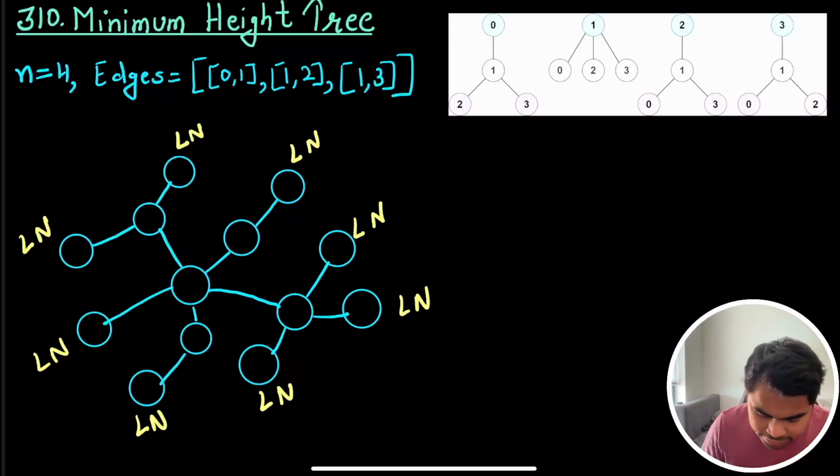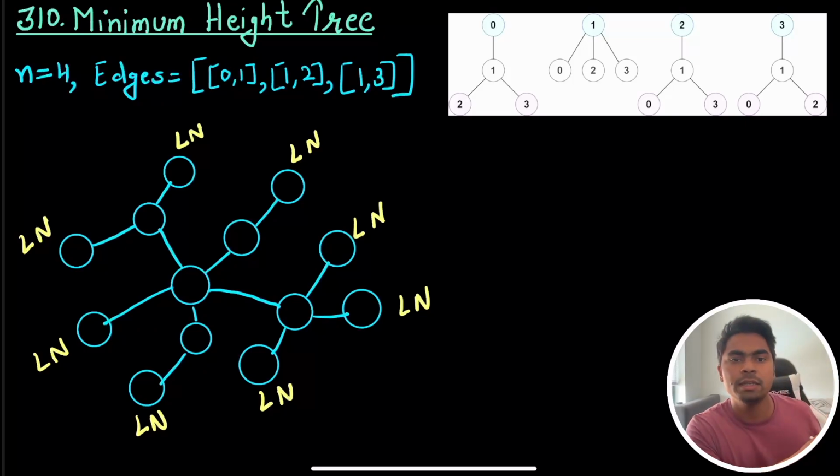So what I'm really trying to say is, what I want to do is, whenever I'm seeing these leaf nodes, I will keep track of these leaf nodes, and I will prune them to get to the nodes that are in the center, because the center is what gives me my answers, right?